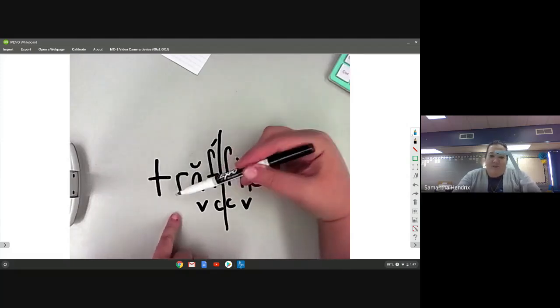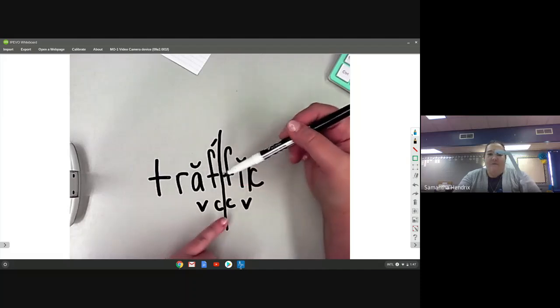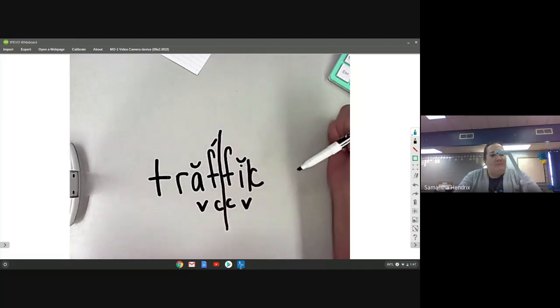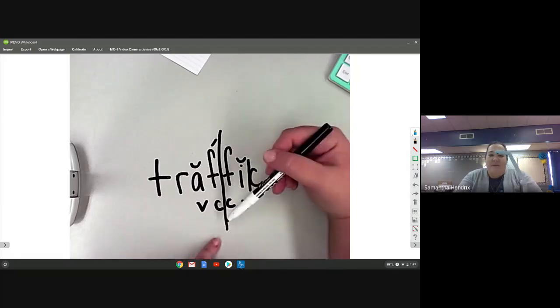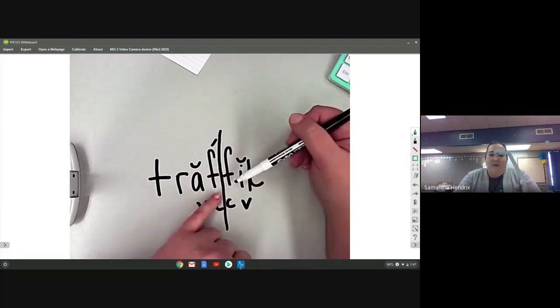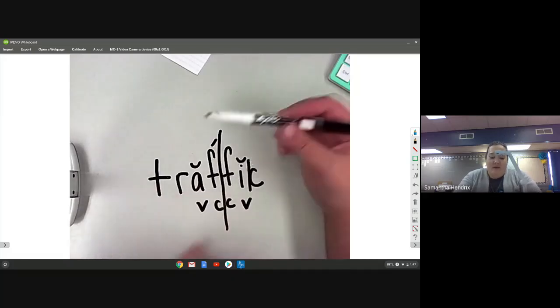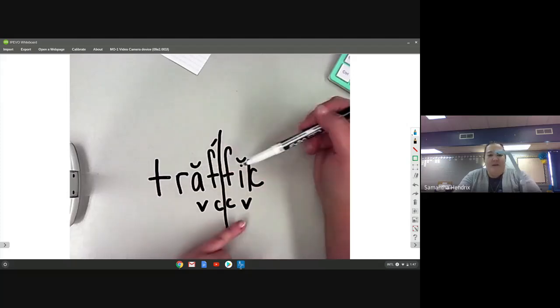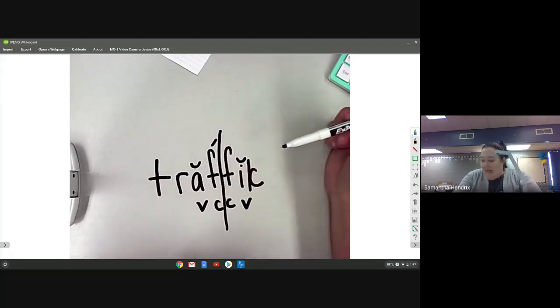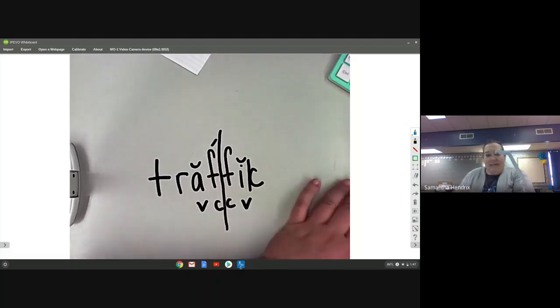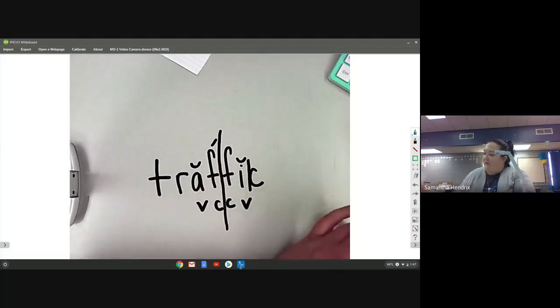This is a blend, so I'm going to put this together. Tr, af, ick. Even though we have a division line here, when we have two consonants together, we say the sound once, correct? So now I'm going to put that together. Traffic. What word is that? Yes, the word is traffic. Good job.